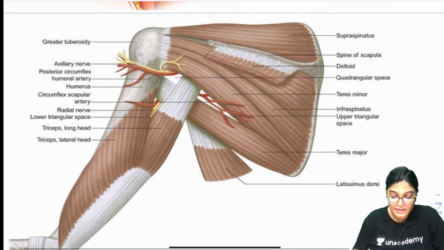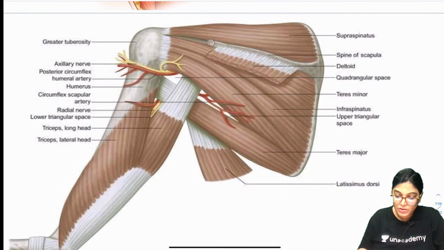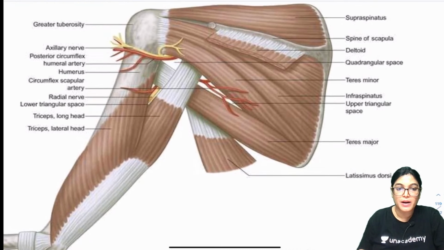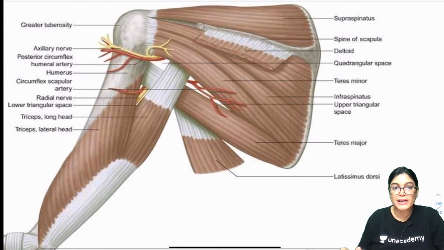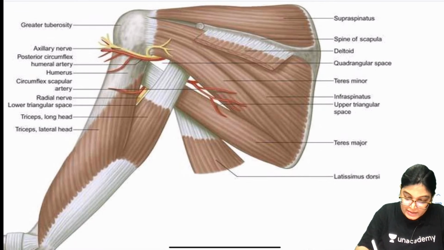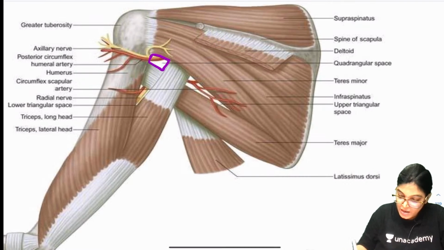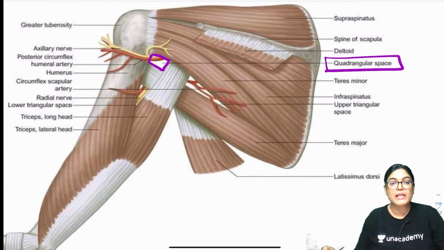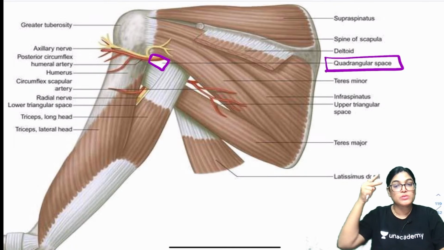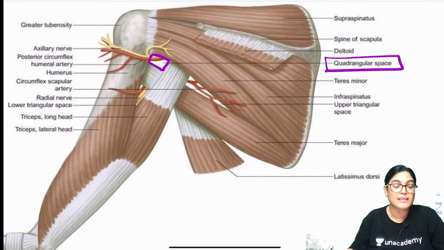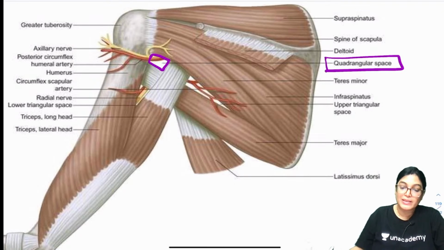So the axillary nerve. My dear friends, I would like to enlarge this diagram again. What I want to show you is this quadrangular space. Can you appreciate this quadrangular space? This is the quadrangular space lying on the back of the scapula, and through it two structures are traversing: the axillary nerve and the posterior circumflex humeral artery.